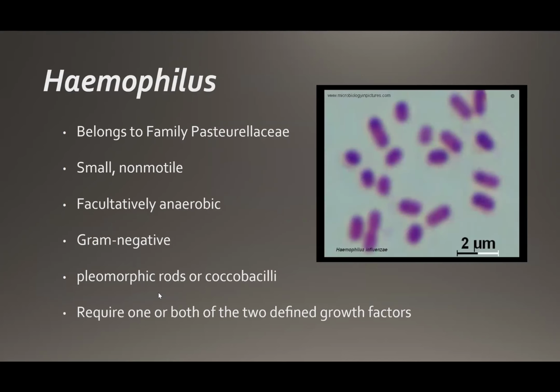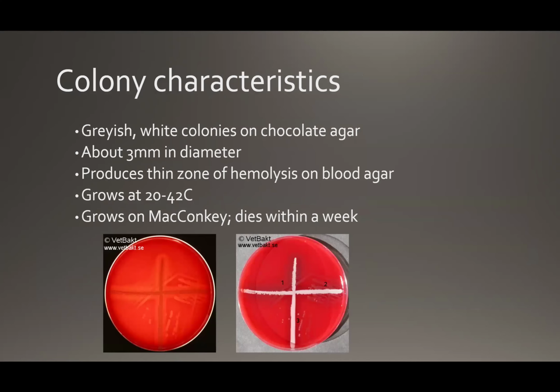Now, your Haemophilus is small and non-motile. It's a facultative anaerobe, and the morphology under the microscope is rods or coccobacilli. They do require one or both of the two defined growth factors that we will mention later.